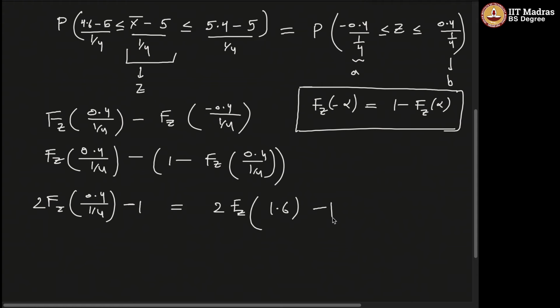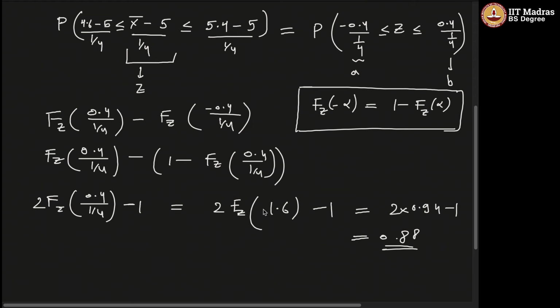And fz of 1 by 6 value is given, which is 0.94. So it will be 2 times 0.94 minus 1, and that will be 0.88. So 0.88 will be the answer of this question.